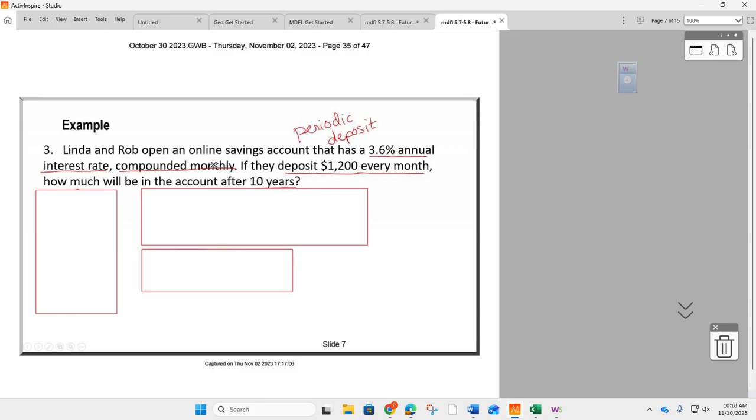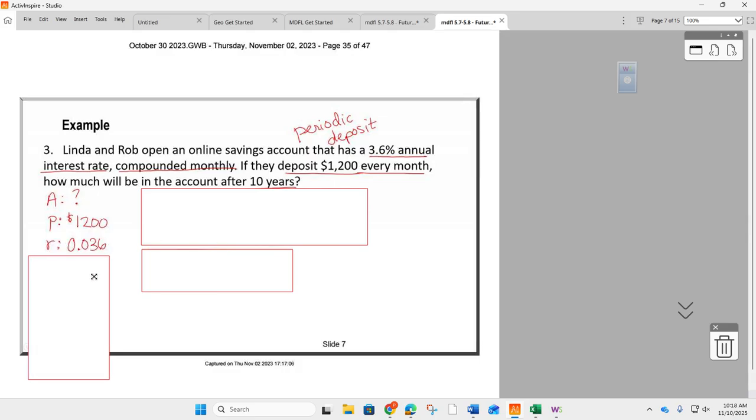The A. Yeah, we know the P is $1,200, right? So A is what we're looking for, and we know our P is $1,200 every month. Our rate, we should be getting pretty good at that. 3.6 divided by 100. What is our N going to be? Yes, it's compounded monthly, so it'd be 12. And what is our time going to be? 10.